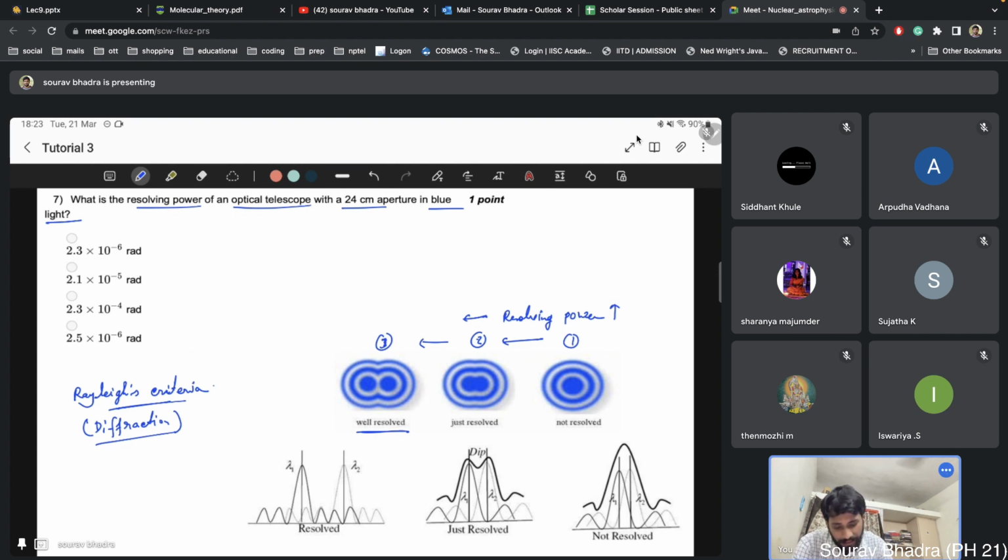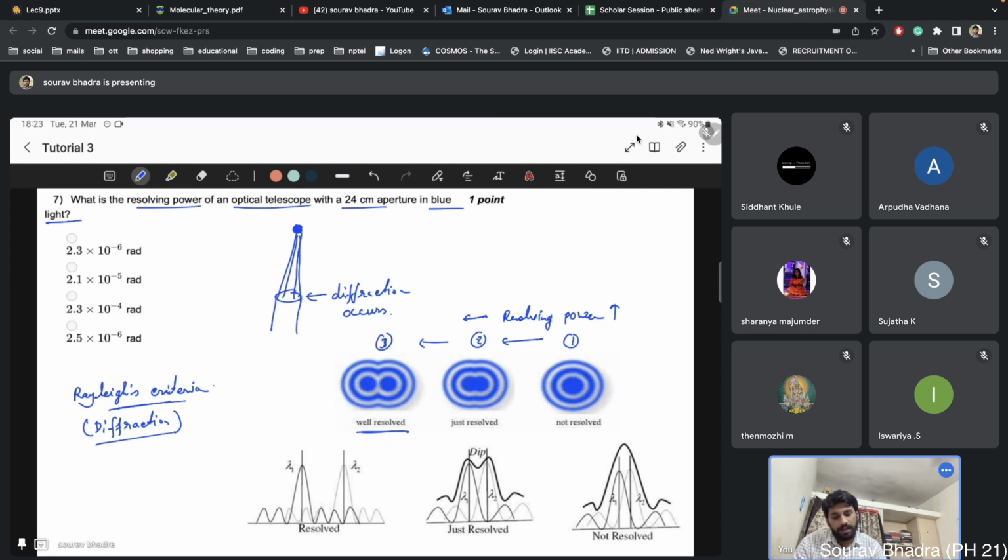That criterion says that if you have two sources, they have two diffraction patterns. Suppose this is a telescope and you are observing this object. Light will come and be diffracted at the instrument, and that's why you will see a diffraction pattern of that particular source.